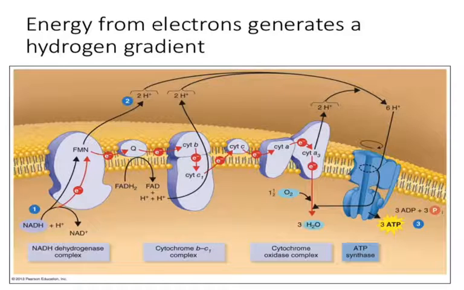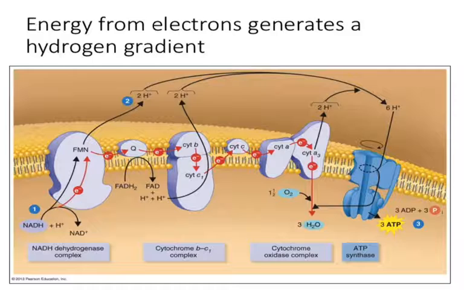Therefore, those high energy electrons from NADH go into the electron transport chain, and they can release the most energy over the course of this electron transport chain if oxygen is the final electron acceptor. As they're releasing that energy, they're driving those hydrogen ions across. So the more energy released leads to more hydrogen ions being pumped to the periplasm, which ultimately leads to more ATP yield through oxidative phosphorylation.